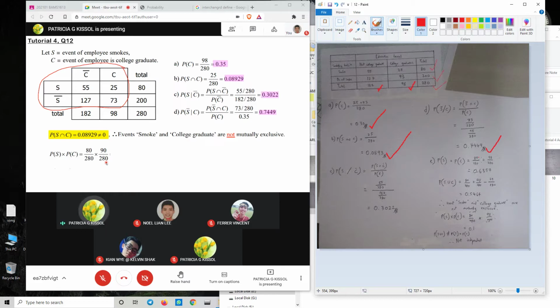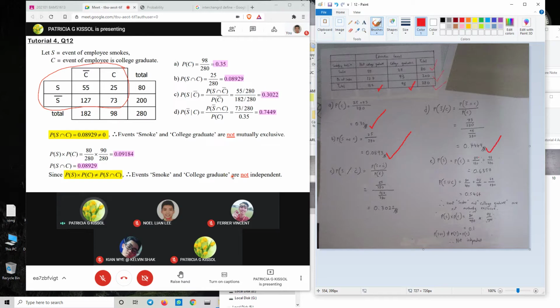You'll see that it will give you 0.09184. Now, the probability of S and C, we already calculated, you get 0.08929. Now you can see the difference because the values are not the same. Therefore, we can prove they are not independent.